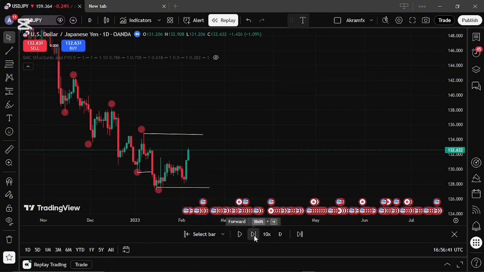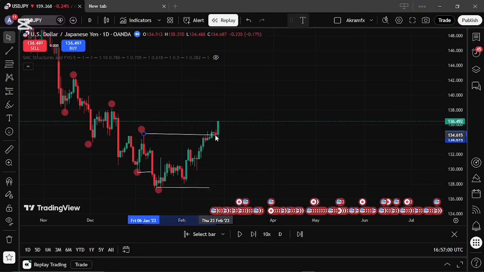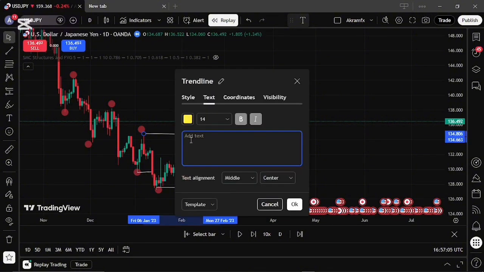So on playing this out, we see that there was a little bit of rejection, but eventually prices are coming to break the structure. So let's see. Immediately prices have broken the structure with this green candle. So that means we are having a strong market structure break.